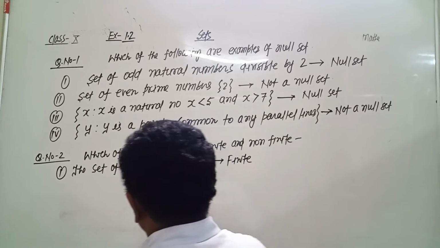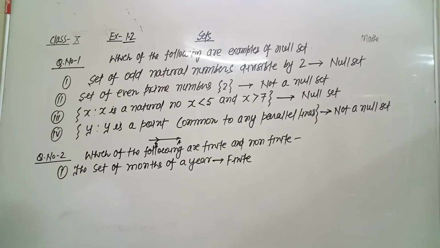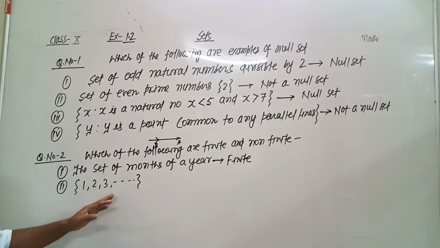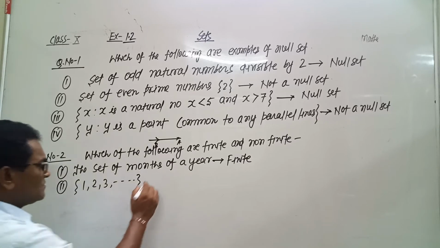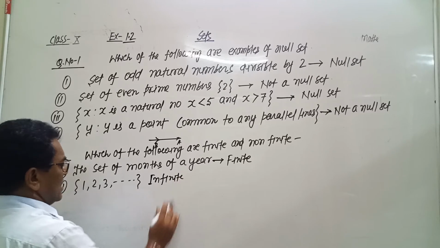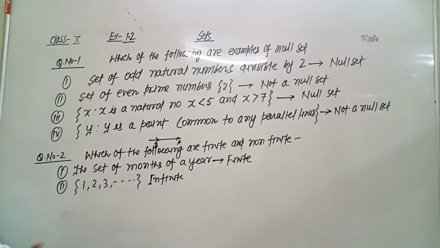We can count the months of the year. Next, 1, 2, 3 dash dash. This is infinite because there is no exact number. अगर यहाँ डैश डैश नहीं होगा, जब 1, 2, 3 होता तो फाइनाइट होगा. Dash dash means uncountable.